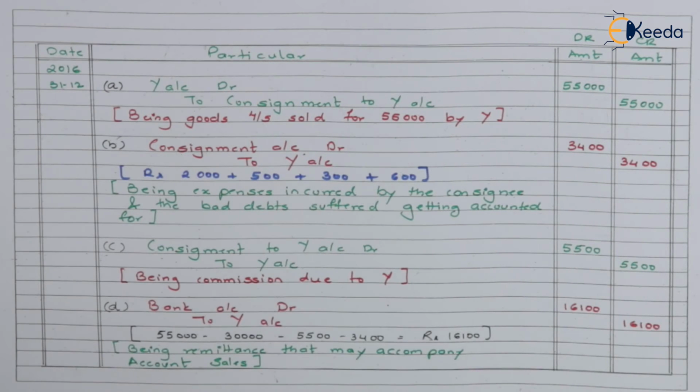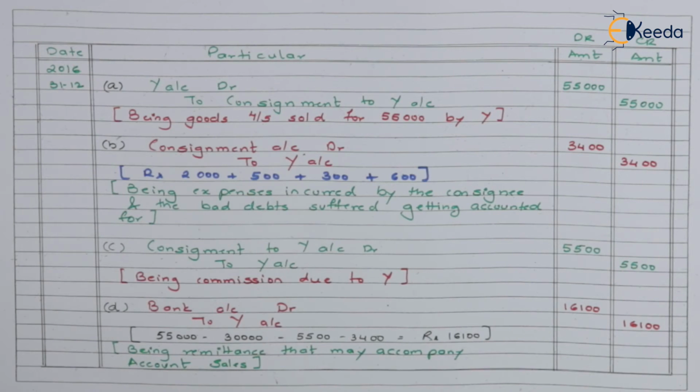Now the next entry will refer to the remittance that may accompany the account sales. That means 55,000 is the account sale total that we have done, out of which 30,000 has already been sent to us as a part of bills receivable, and the balance will be 25,000. Now out of the 25,000, the other expenses are supposed to be subtracted.